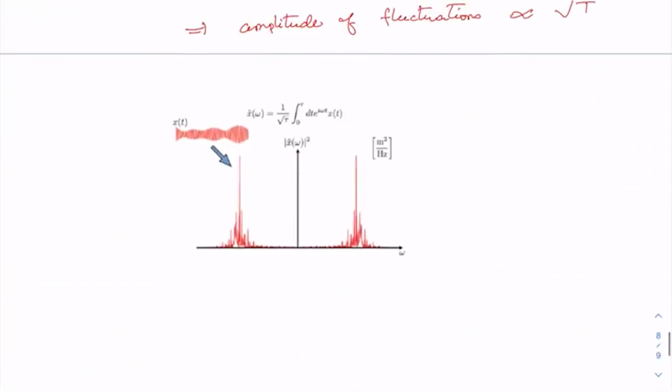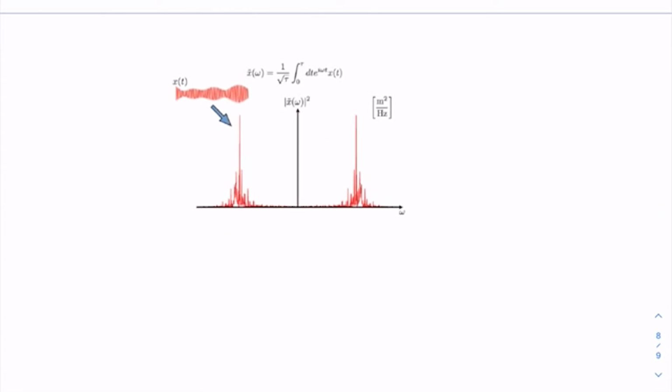The Fourier transform of the displacement x of the harmonic oscillator in a time interval from say 0 to tau. Let us say the Fourier transformation of the displacement is denoted by x tilde of omega, and it is the Fourier transformation of the displacement x of t.